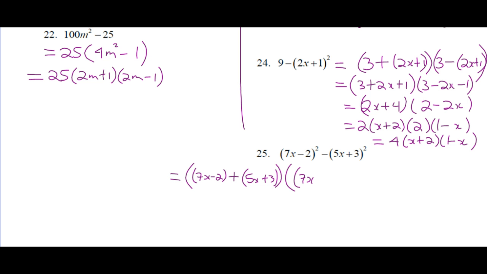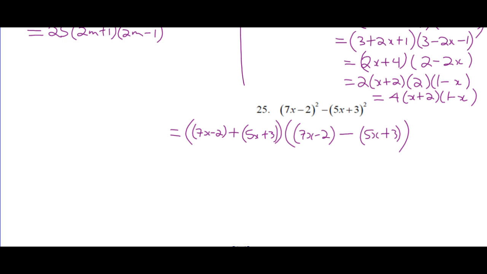And we're going to do the exact same thing, only this time we're going to subtract. So the square root of the first term, 7x minus 2, plus the square root of the second term, 5x plus 3. Then the square root of the first term, 7x minus 2, minus the square root of the second term, 5x plus 3.